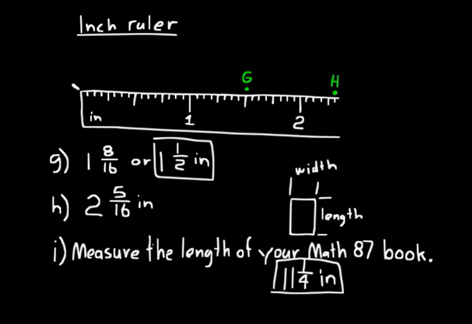Now maybe you obtained a value like 11 3/16 or 11 5/16. If you're within 1/16 of an inch of my answer, then I would consider that you did it correctly. Now maybe your book has been smashed up or something and you got a totally different answer. Most people who have a fairly new book, your answer should be within 1/16 of an inch of mine. Okay, well that's all for lesson 8.